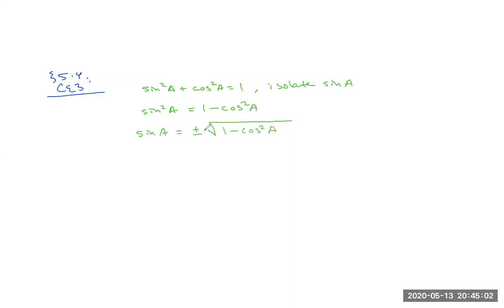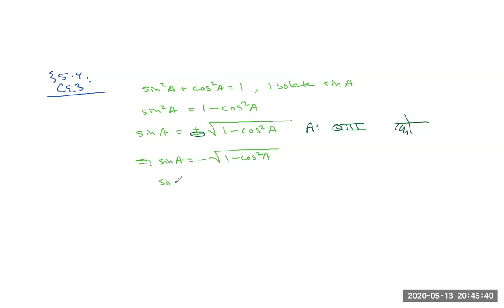Okay. Now to choose the sign, we know that angle A is in Q3. That means that your sine value should be negative. So sine A is equal to negative square root of 1 minus cosine squared A in this case.